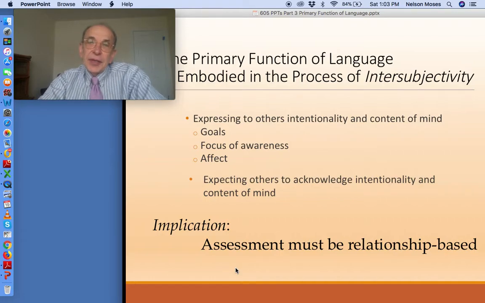And that is part of the process of intersubjectivity. Intersubjectivity is about expressing, notice the first line there, to others, socially, what's on one's mind.